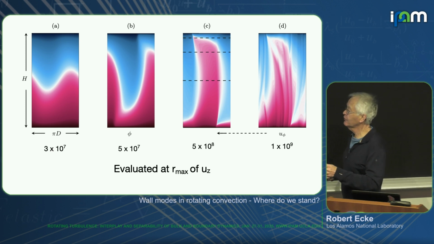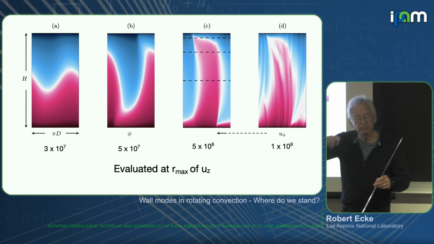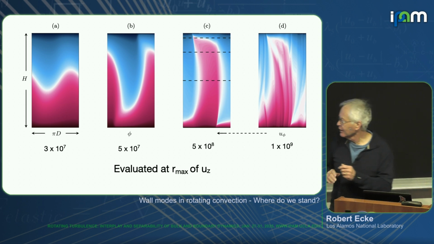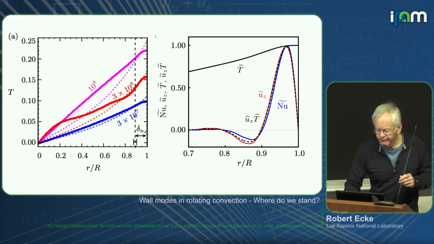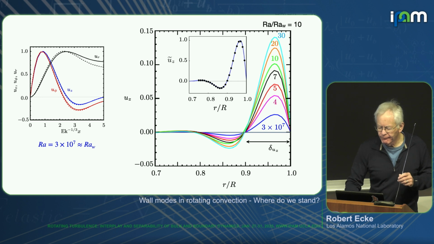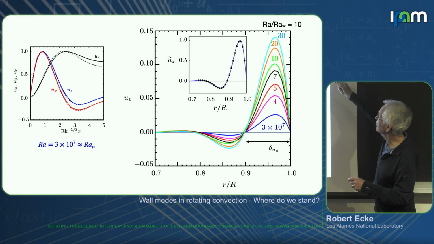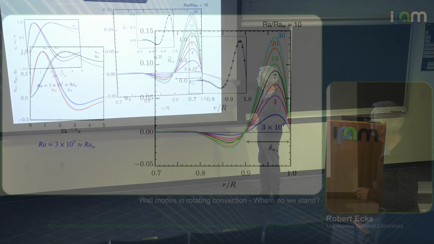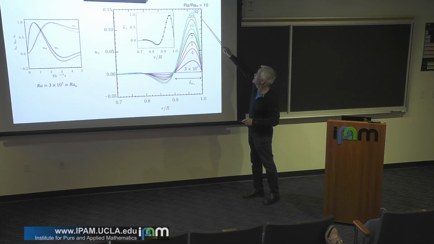Now these are the profiles. Actually, let me go back. These are the distributions from 3 times 10 to the 7th up to 3 times 10 to the 8th.